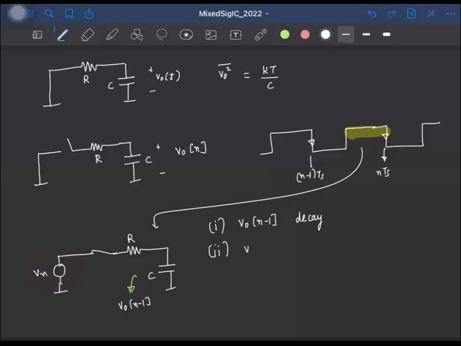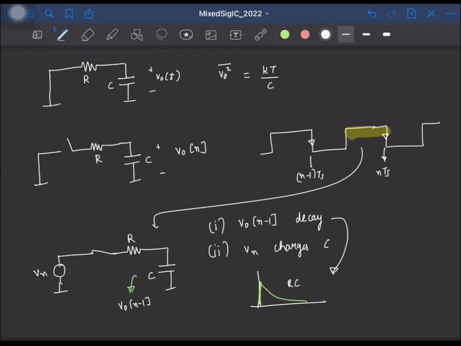So second is Vn charges the capacitor. And if you recollect from your basic classes, this V0[n-1], how does it decay? It will decay like this, right? Exponentially. And the time constant again is RC.